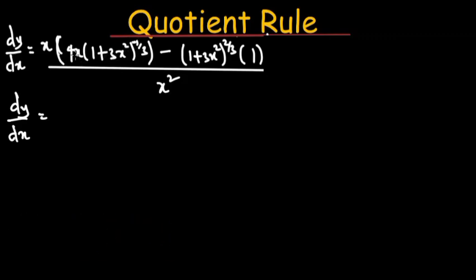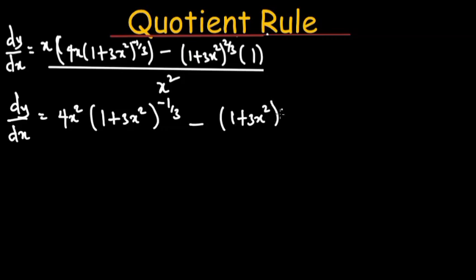So I'm going to multiply 4x by x. I have 4x squared into (1 plus 3x squared) to the power minus 1 over 3, minus (1 plus 3x squared) to the power 2 over 3, divided by x squared.